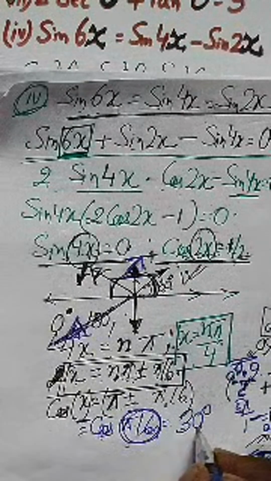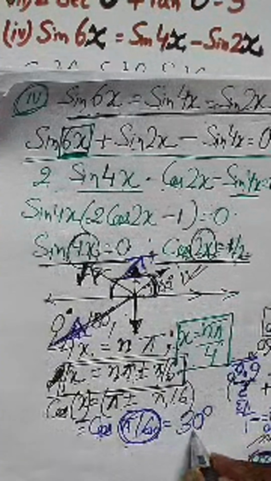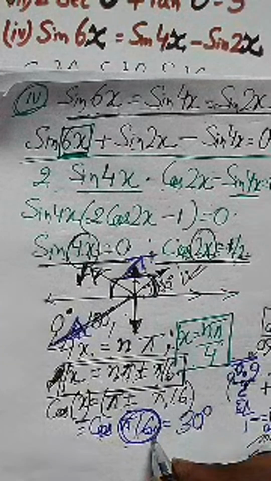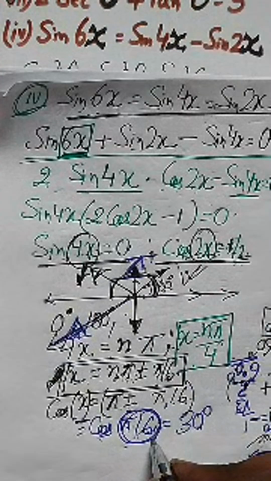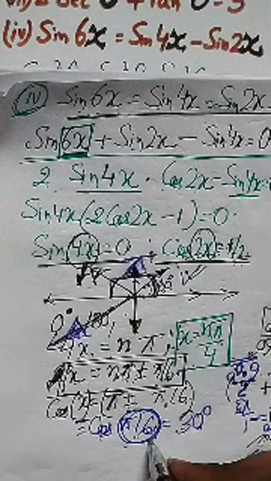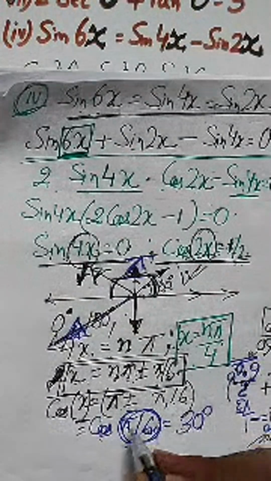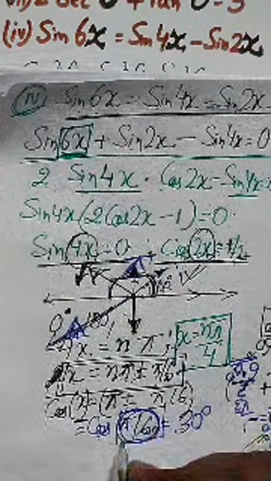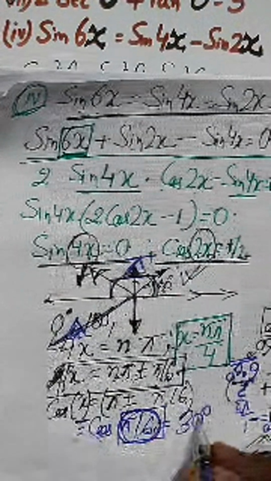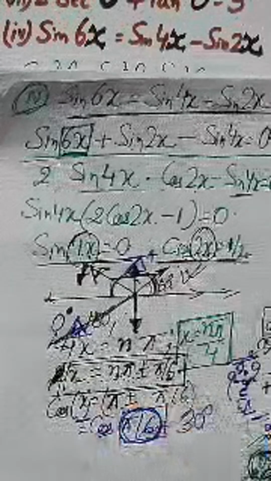But this is not 1 by 2, it happens at 60. So this value should be 2 times x, right? So here it should be 60, then only the value of this should be 60. So this will be satisfied only at n pi plus minus pi by 6. I hope you understand.